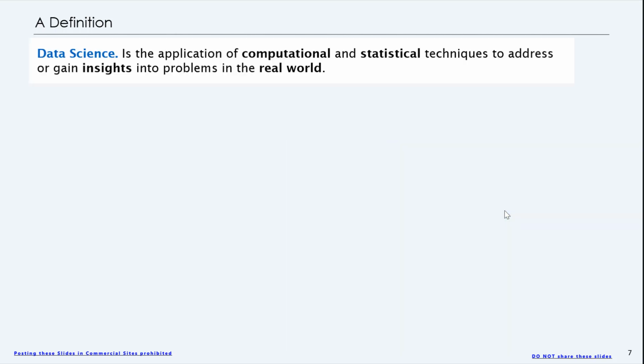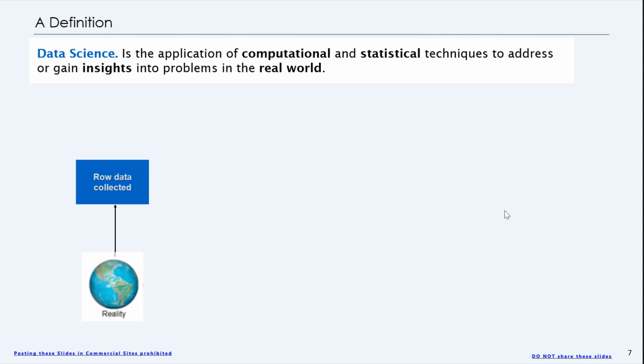There's no one definition of data science. It's really the application of computational and statistical techniques to address and gain insights into problems in the real world. So there's a reality. We collect some raw data. For example, we might say there's a reality of gravity, so we collect data related to this.